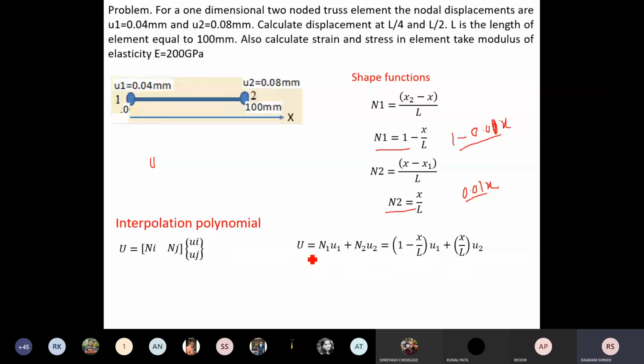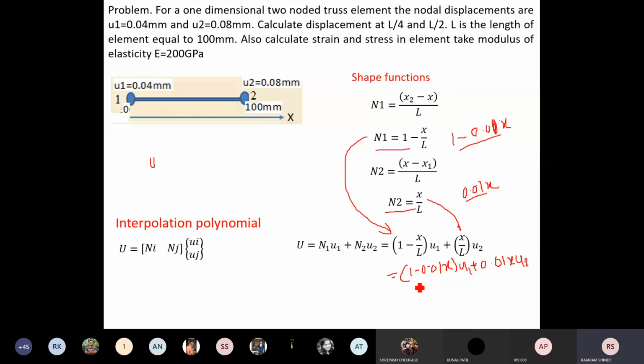Now you can see here u is equal to N1 u1 plus N2 u2, and this is equal to, I have used these values here. After that, if you put these values, you will get 1 minus 0.01x into u1 plus 0.01x into u2.